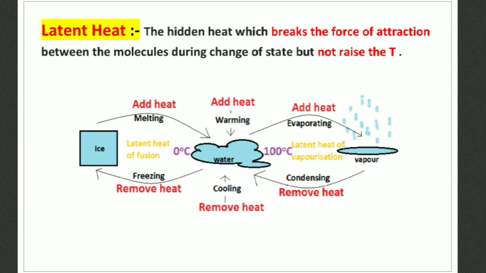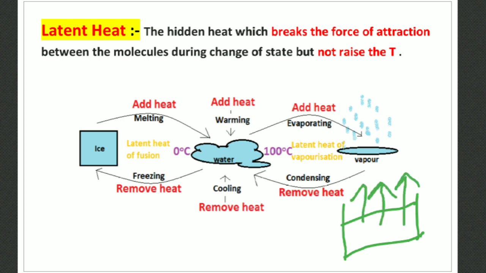And here, the latent heat of vaporization means to break the bonding between the particles so that they will leave the surface of water and can freely move upward to the atmosphere.